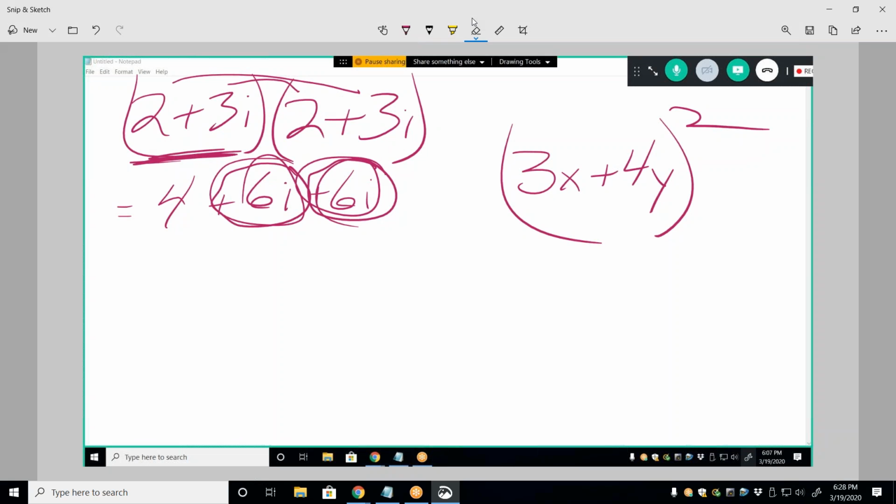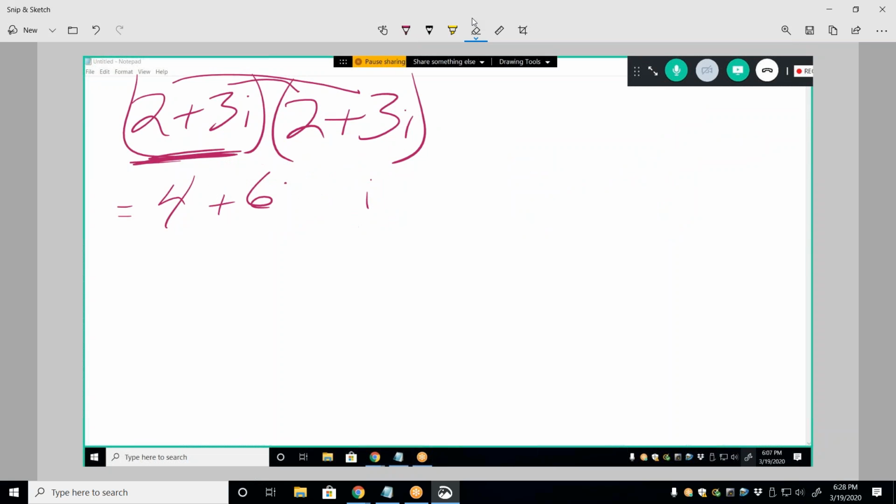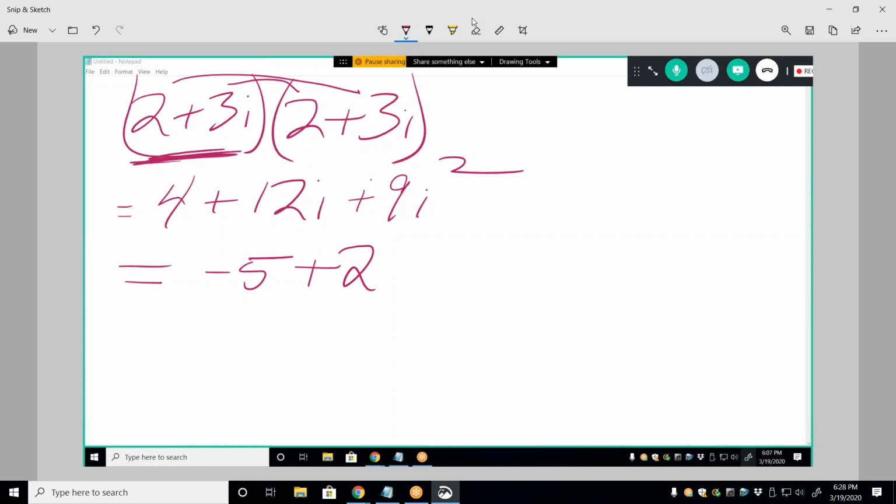So you can do that in one step once you get comfortable with it, and just say plus 12i. Now what's the last term? So it's plus 9i squared, or minus 9. What's the final answer? So it's negative 5 plus 12i. You got it.